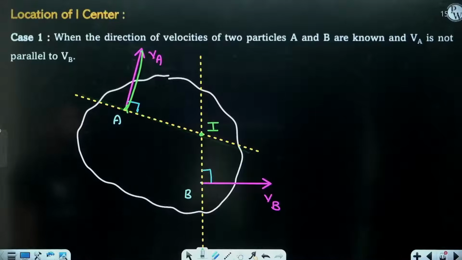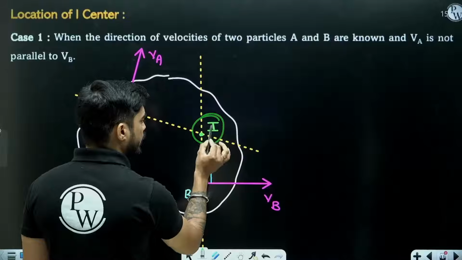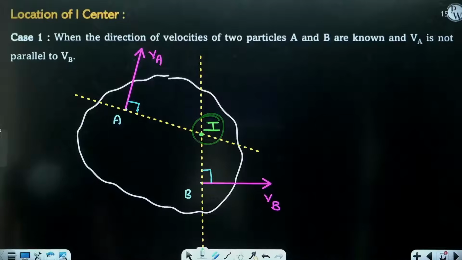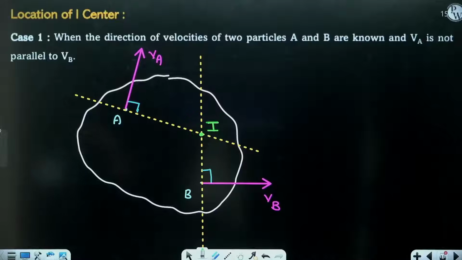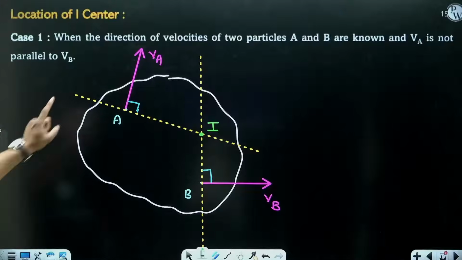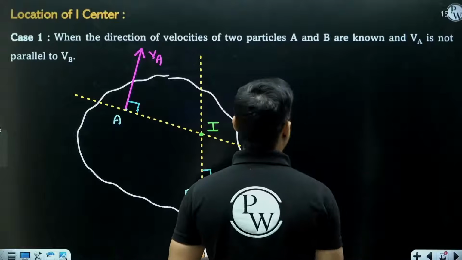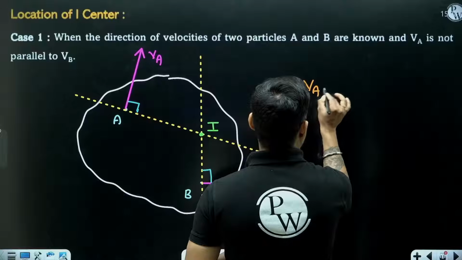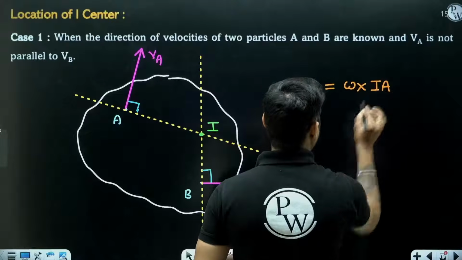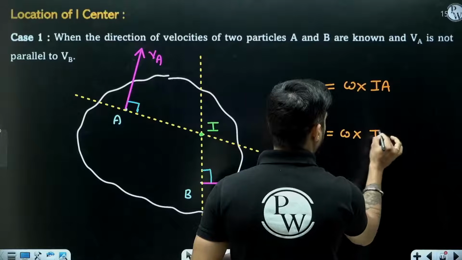The point at which both of these intersect is your I center. Now once you know the location of this I center, you can easily find out the magnitude of VA and VB. How do you find the magnitude of VA and VB? VA will be equal to omega into IA. VB will be equal to omega into IB.